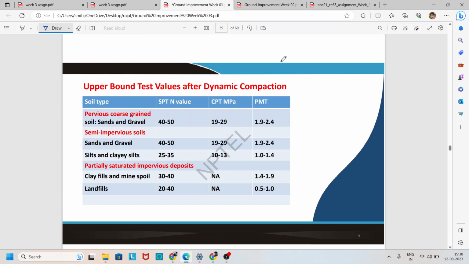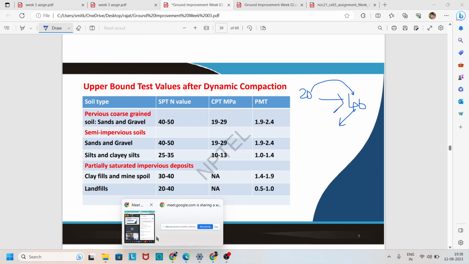That means if the soil SPT value is 20 before, after ground improvement it is 40, for semi-pervious soil or pervious soil. Let's say granular soil, it is 40. So the strength is improved from 20 to 40. So this table shows the different strengths for different types of soil.